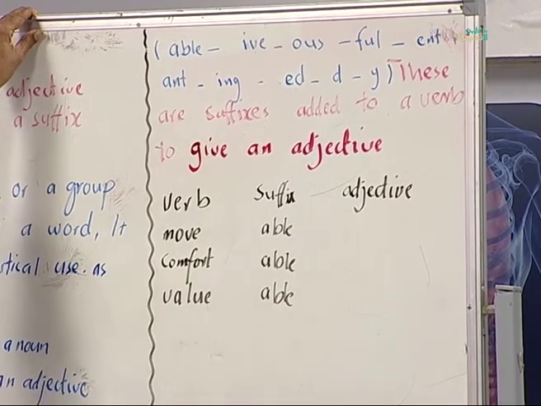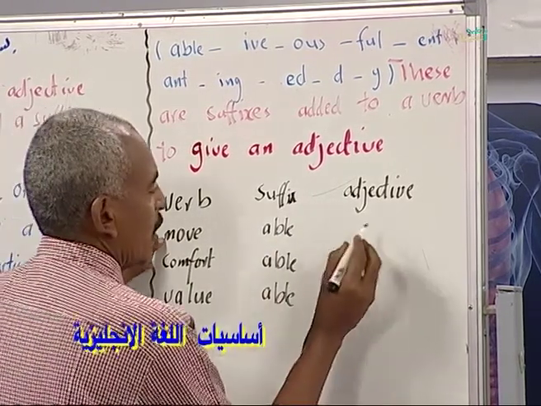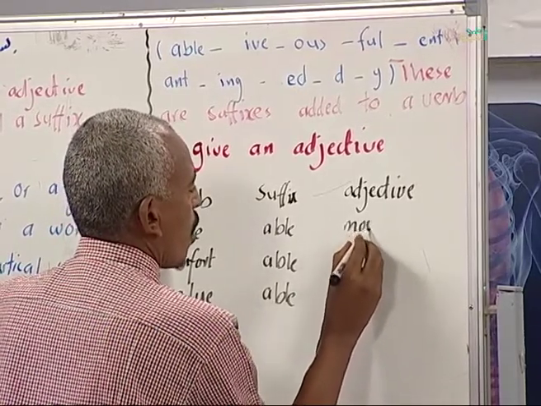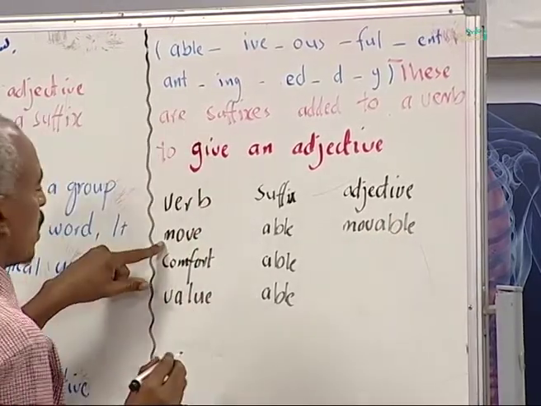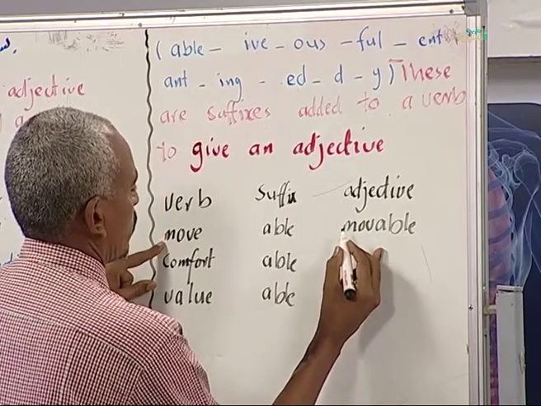The new word is going to be an adjective. Move, we are going to have movable. Move is a verb. Movable is an adjective.